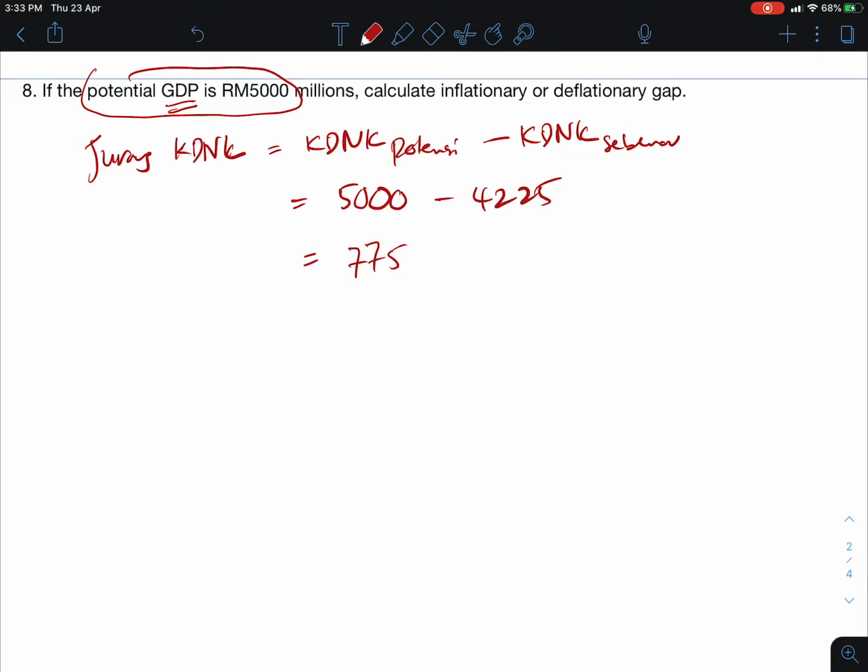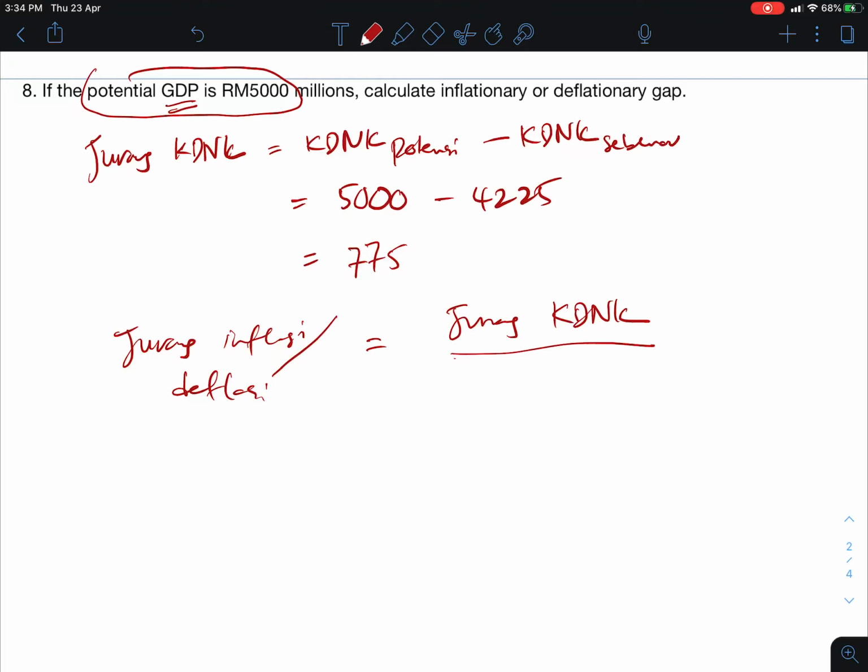Okay, what about the deflationary, inflationary? Not yet. Okay, jurang inflasi atau deflasi, inflationary or deflationary gap, the formula is equal to jurang KDNK or KNK, the national income gap, the value of national income gap divided by the AE multiplier.